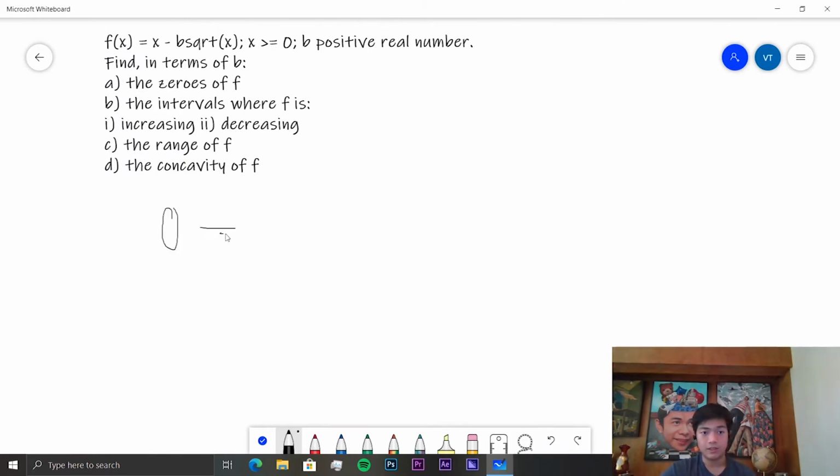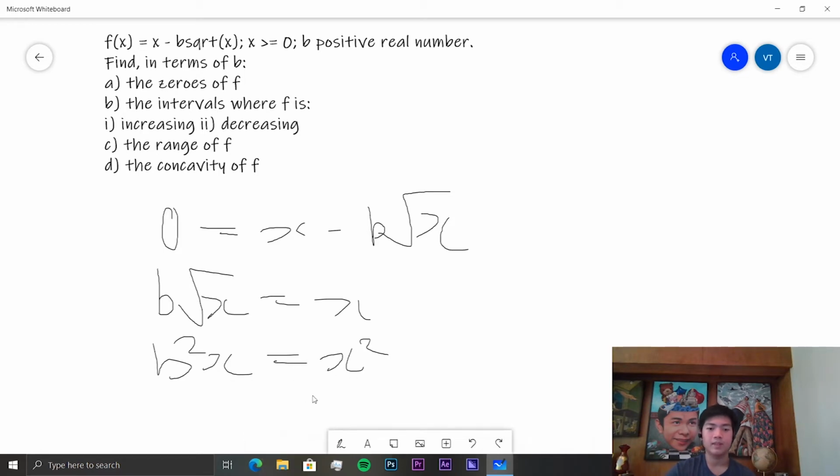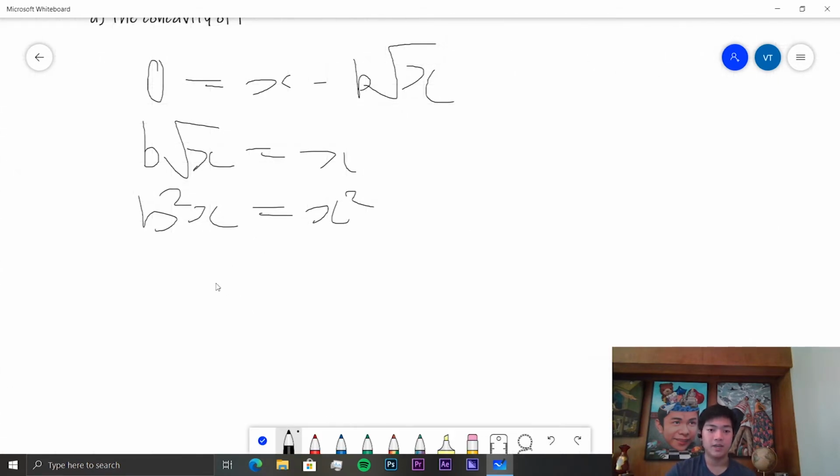So 0 is equal to x minus b square root x. So what are the zeros? I guess b square root x is equal to x. So b squared x is equal to x squared. So we have b squared is equal to x, really.